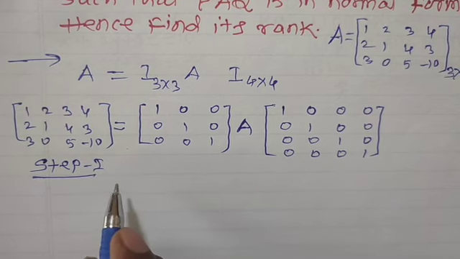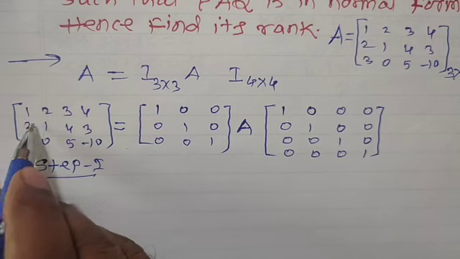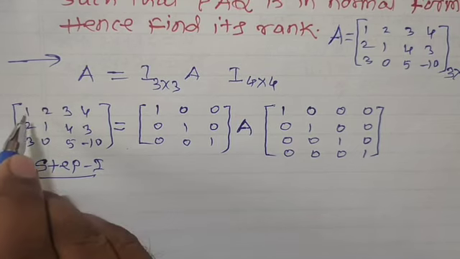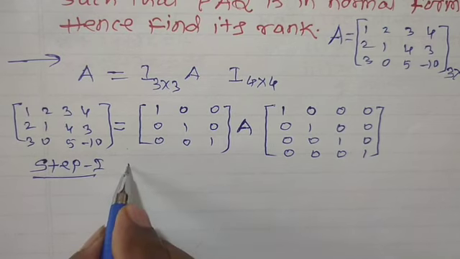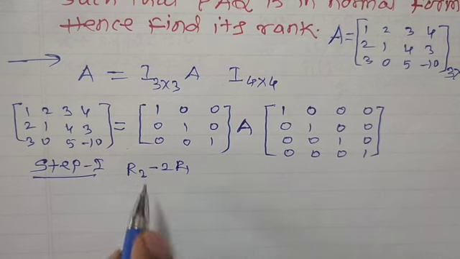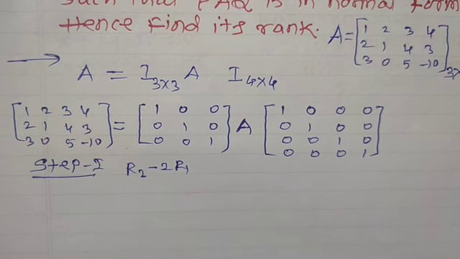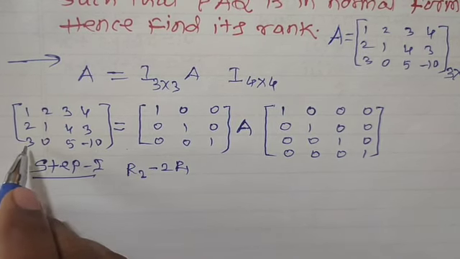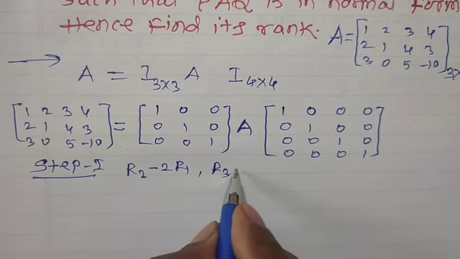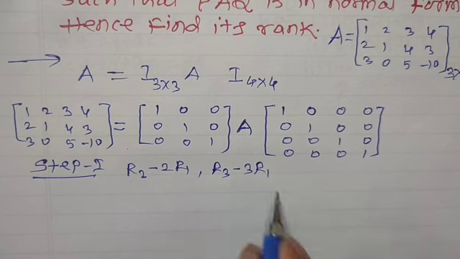First apply row transformations to reduce this element to 0 and this element to 0. So with respect to this element, R2 minus 2R1, and then R3 minus 3 times R1.